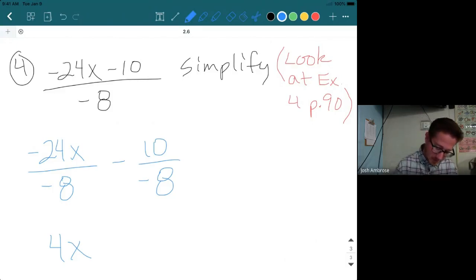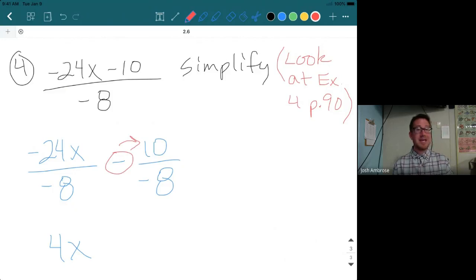Now, this negative sign right here is really with the 10, creating a negative 10. Okay, so a negative 10 over a negative 8, and in this situation again, would create a positive. So plus. Okay.